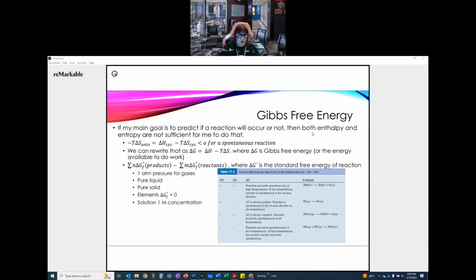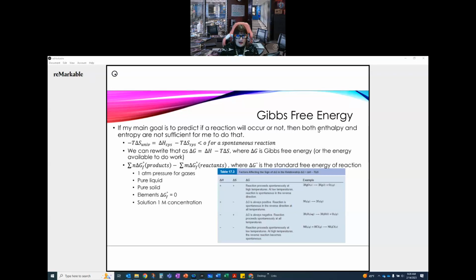Now, I also know that negative T times the delta S of the universe is equal to delta H, the enthalpy of my system, minus T times the entropy of that system. And that has to be greater than 0 for a spontaneous reaction. Okay, so that has to be true.